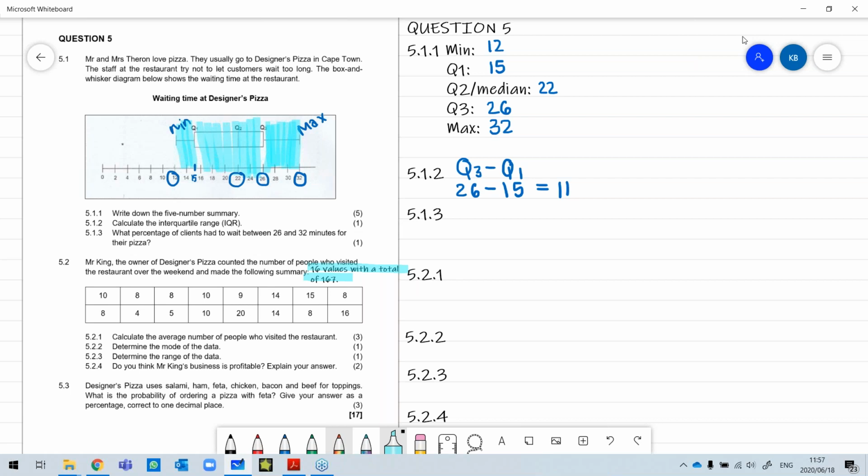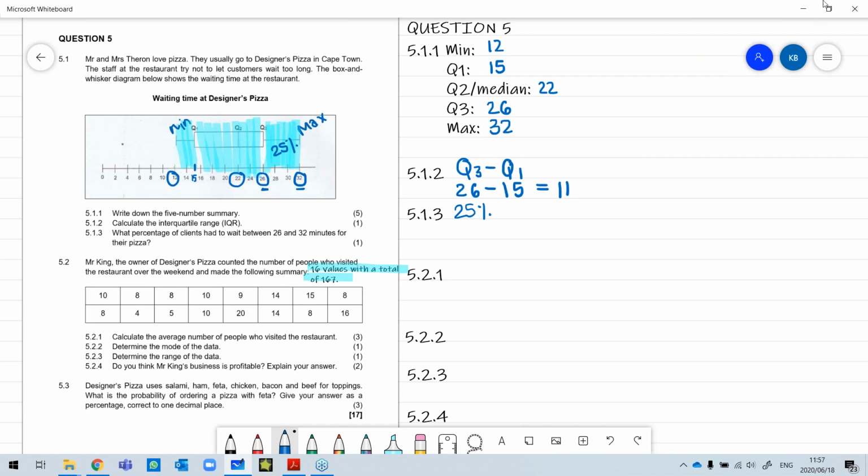So if they would like to know what percentage of customers were between 26 and 32, we can say 25%. So 25% of our customers lie between 26 and 32 minutes.